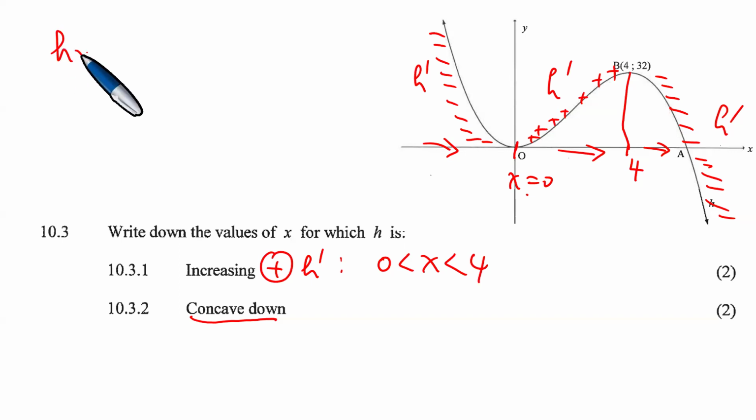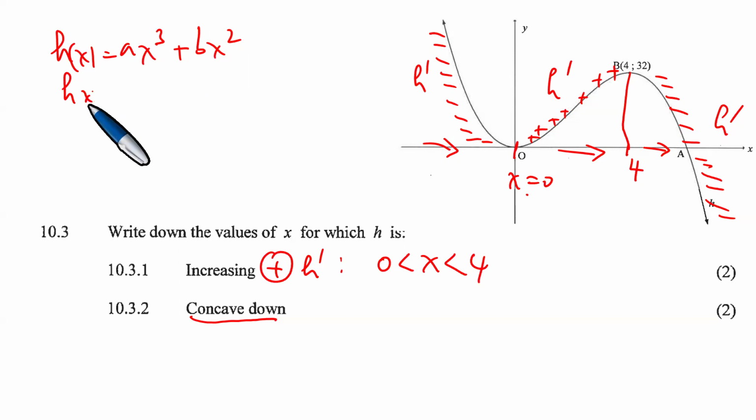We were given h of x equals ax cubed plus bx squared, so h of x equals minus x cubed plus 6x squared. This is the defining equation of the given cubic function.